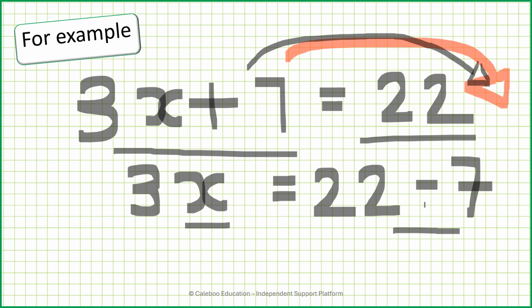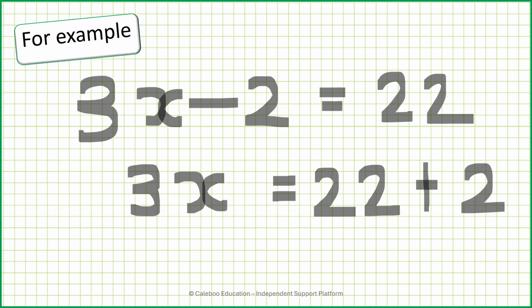There we go. If you take the 7 to the right-hand side, it goes from a positive 7 to a negative 7. 3x minus 2, if I take the minus 2 to the right-hand side, it will become plus 2.